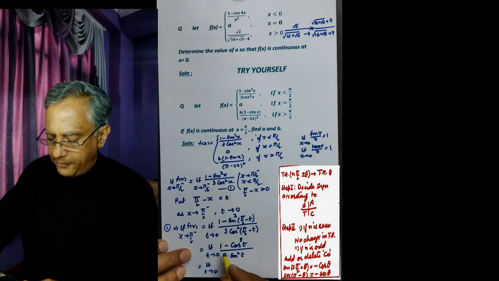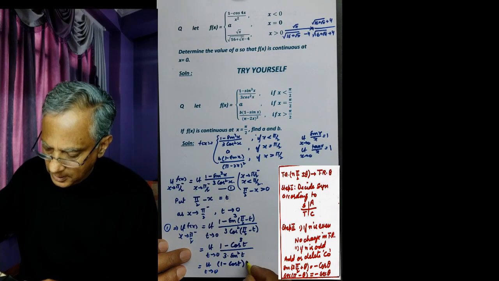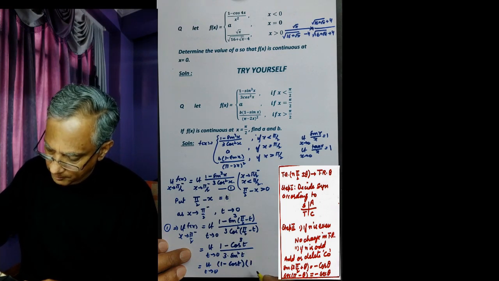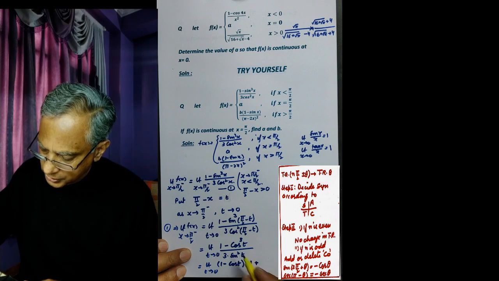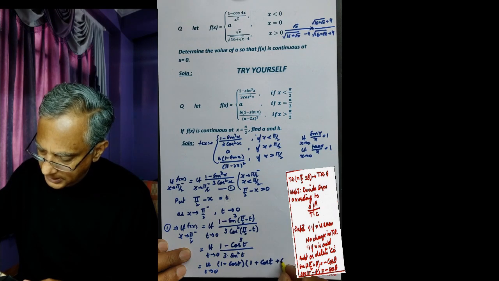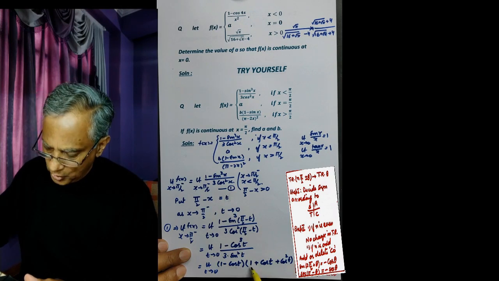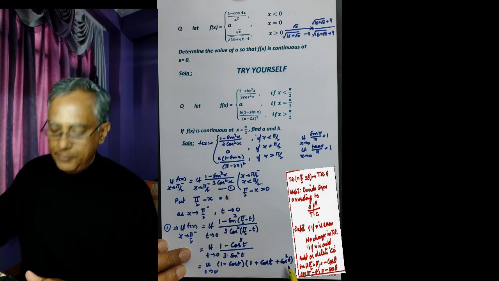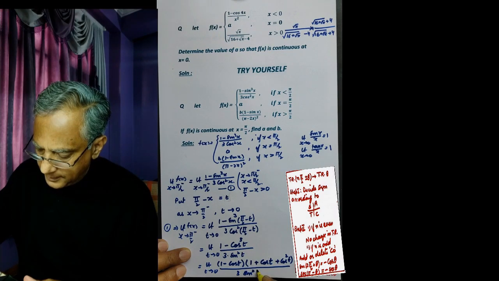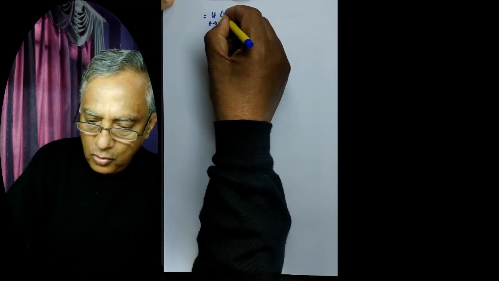This can be factorized into 1 minus cos t into, a cube minus b cube is a minus b into a square plus ab plus b square, where a is cos t, that is cos t, plus b square, b square is cos square t. Whole divided by 3 sine square t.